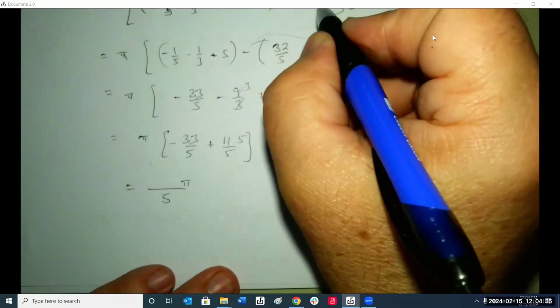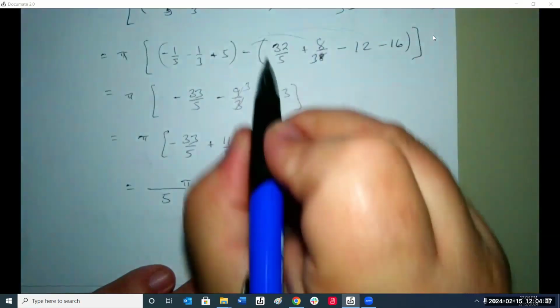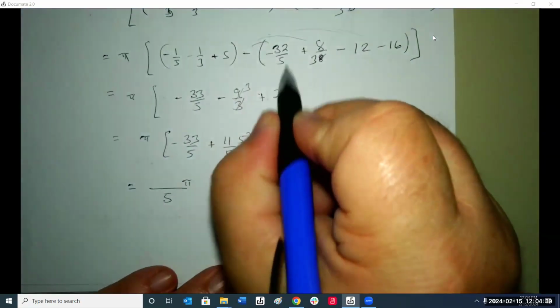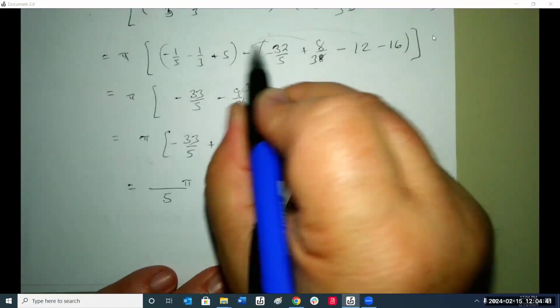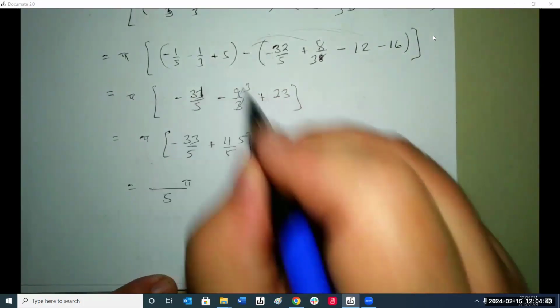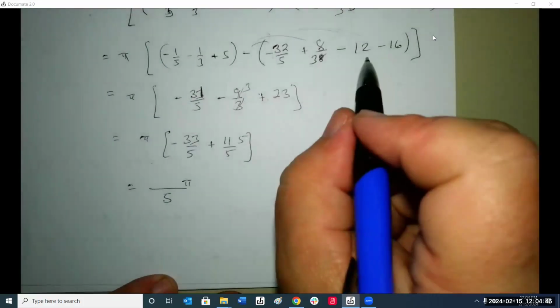Yeah, that's minus, so that becomes a plus. So it's 31 over 5.